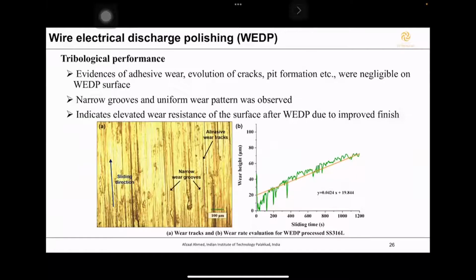Now this is the wear track morphology. If you can see here, these tracks are very narrow in size. That means the surface after polishing is very much resistant to wear. And with increasing wear testing time, the track width or the wear depth at which these wear tracks form on the surface is barely below 60 to 80 microns, depending on the wear testing.